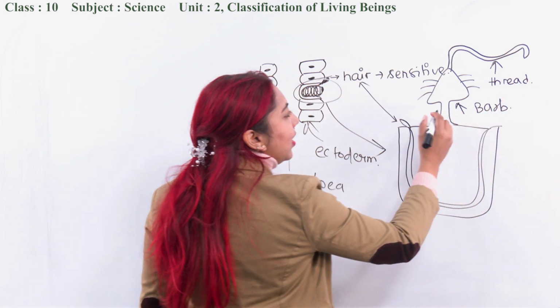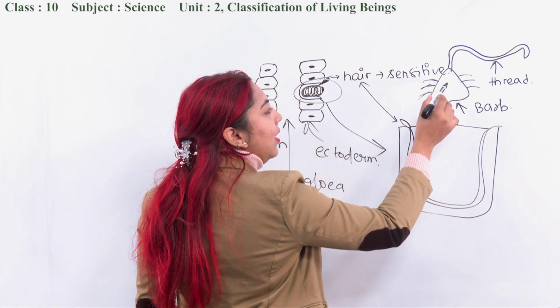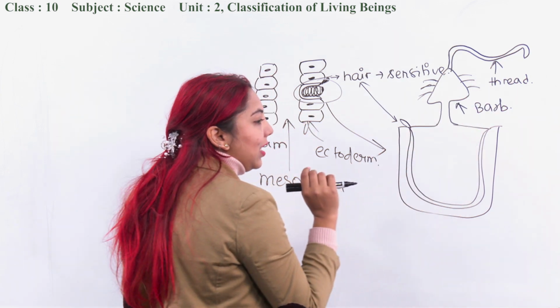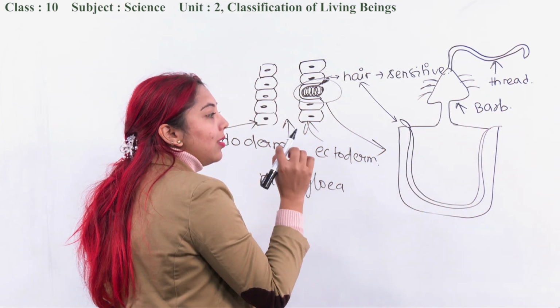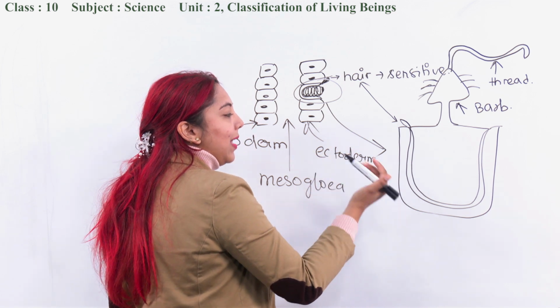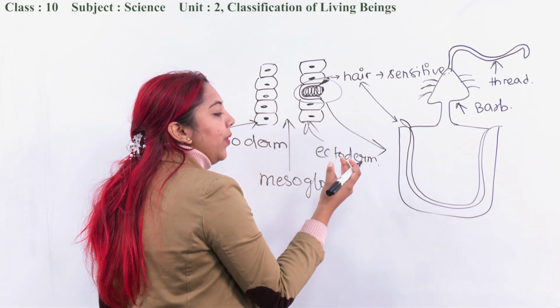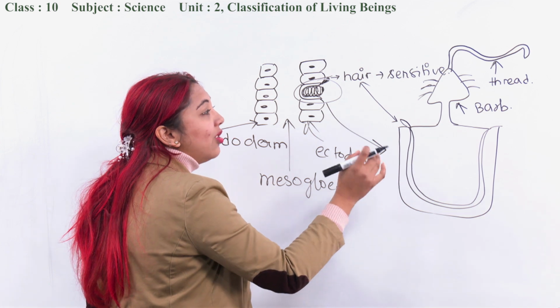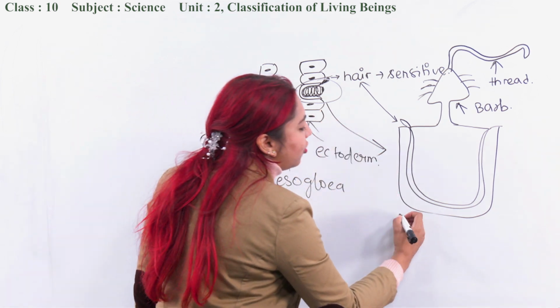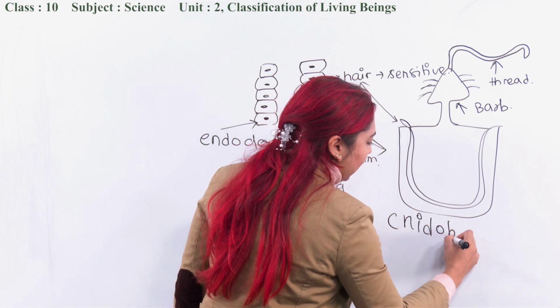Now this barb stings, and it has all these projections, and this thread-like structure inserts the toxin that is present in this cell, so that it can paralyze the prey, or it can also irritate any organism that is trying to threaten them. Now this is the structure of cnidoblast.